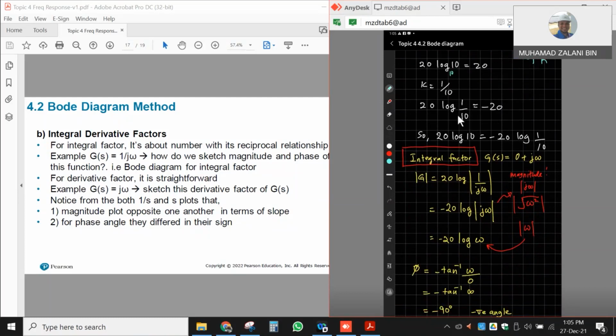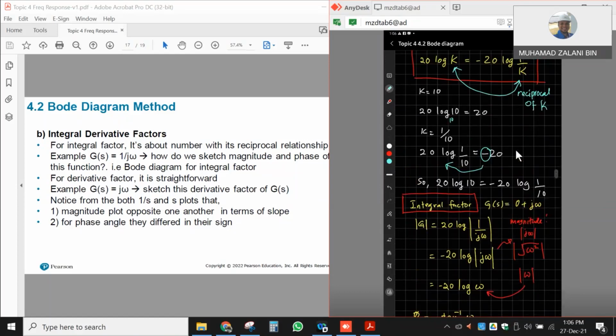So if we rearrange this, this negative we put to the left hand side, meaning that we can represent it like this: 20 log 10 is equal to negative 20 log 1 over 10. That is the same.